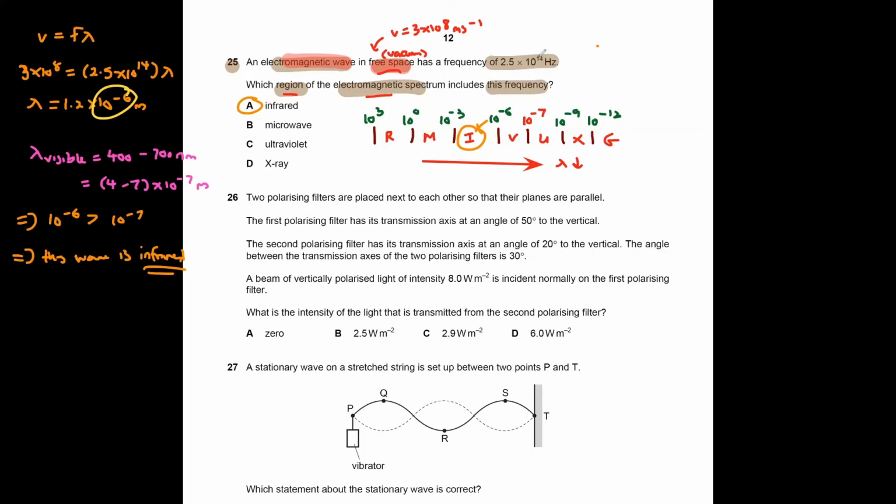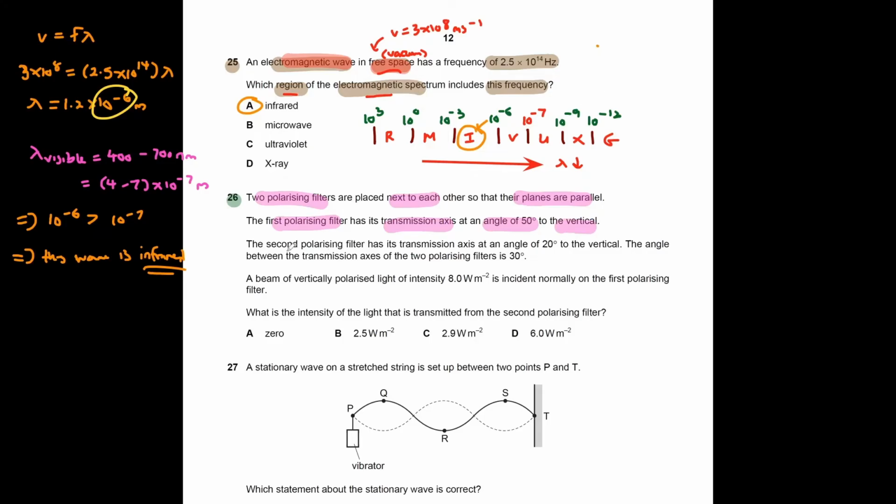So that's for this. Then question 26 is on the new portion of your syllabus where it concerns polarization. Okay, so in your case, they mentioned that two polarizing filters are placed next to each other so that their planes are parallel. The first polarizing filter has its transmission axis at an angle of 50 degrees to the vertical.